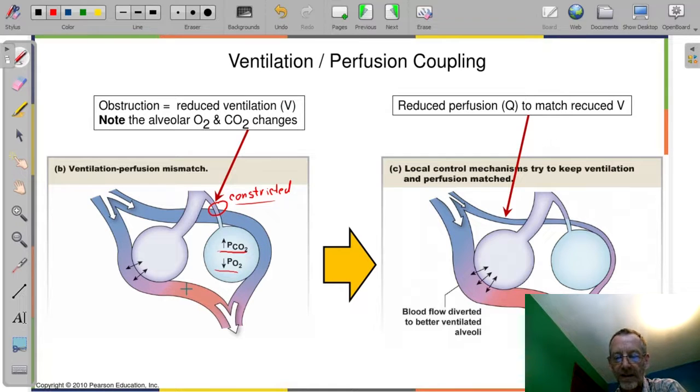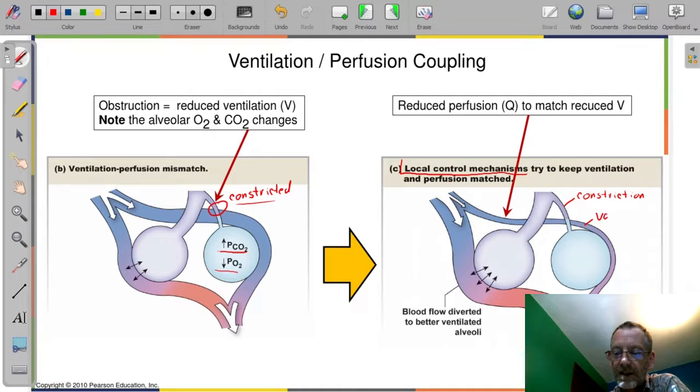So the image on the right shows what has happened. The bronchiole has constricted. So here's bronchoconstriction, reduced ventilation, and through local mechanisms that we'll look at next, the blood vessel has constricted.